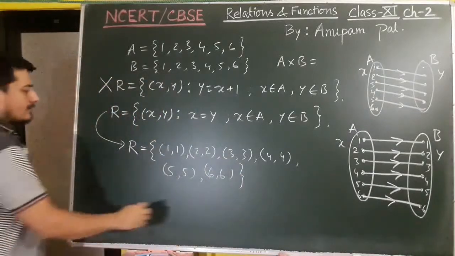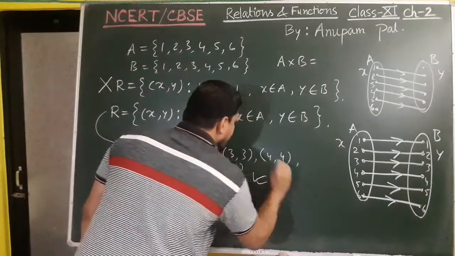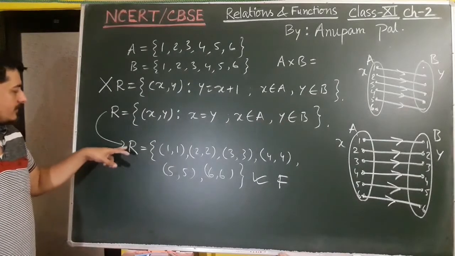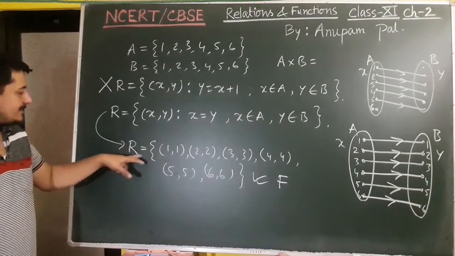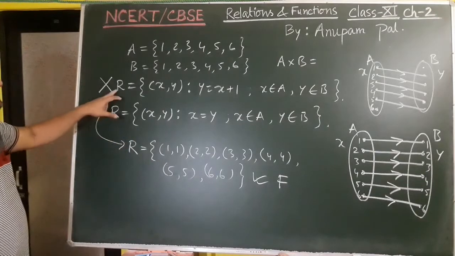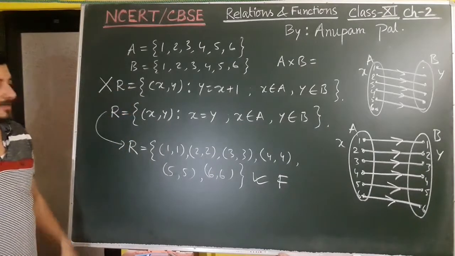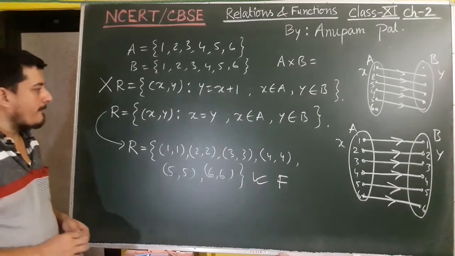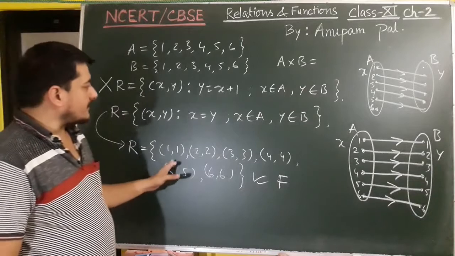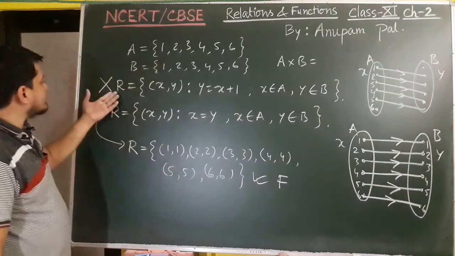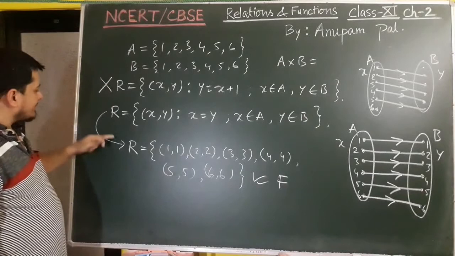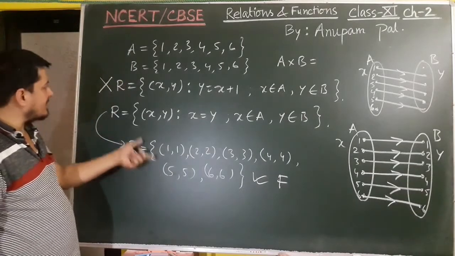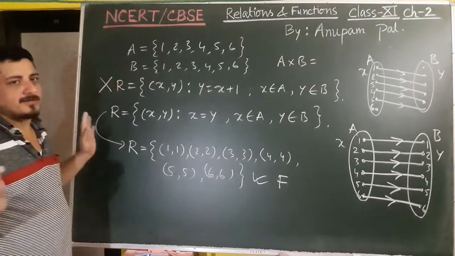So this is now a function, because it satisfies all the conditions to be a function. So this relation is a function, but the earlier relation is not a function. This you have to understand. This R is also a subset of A cross B. So one subset is a function, another subset is not a function.